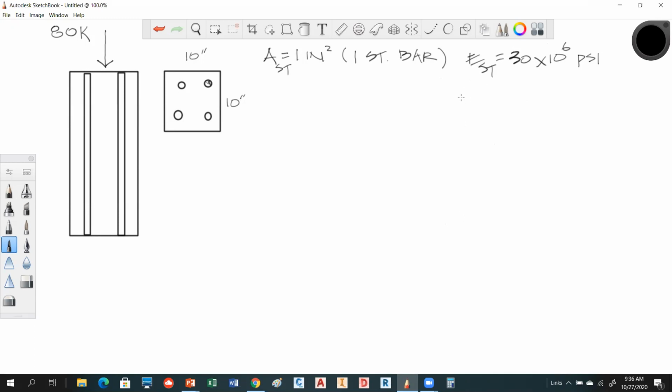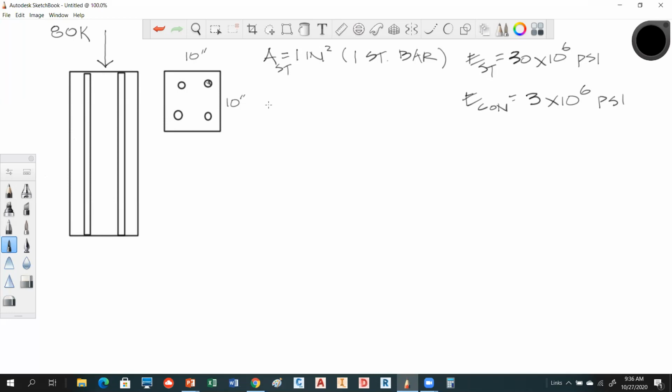In this case, they're giving it to us. And for the concrete, E is given as 3 times 10 to the 6th psi. In this particular problem, they don't tell us the length of the column because the length is really immaterial, since we know that it's going to cancel out. Okay.